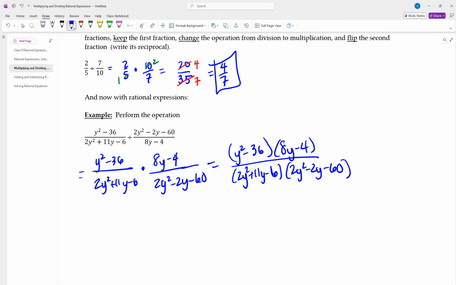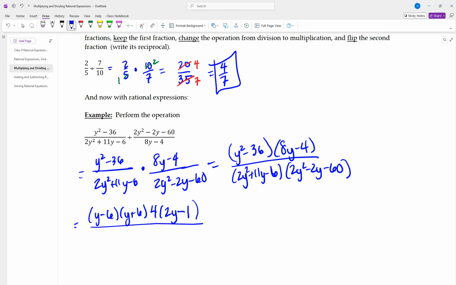Now all I have to do is reduce, simplify this thing. So I need to factor, and I like factoring. That first piece is going to be y minus 6, y plus 6. Second piece, I pull out a 4 and I end up with 2y minus 1. This is all multiplied together.